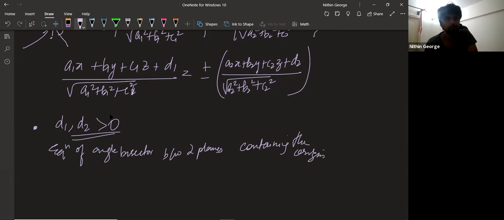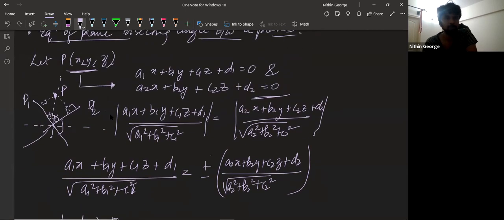Basically, where does the origin lie? Which bisector are we talking about? If the origin is here, then this is the bisector. If the origin is here, then this is the bisector. Understanding what we are looking for?